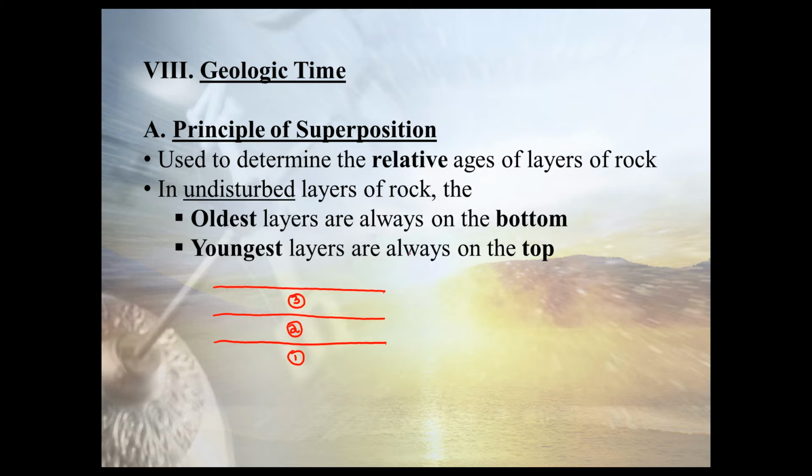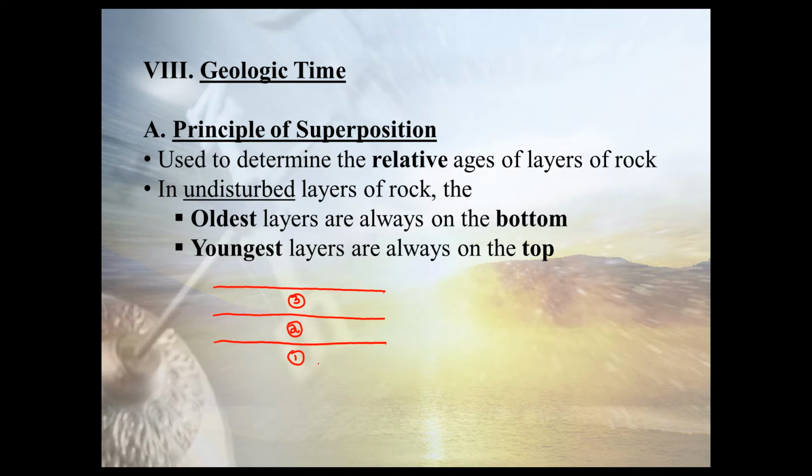What the principle of superposition tells me is it only tells me the relative age of the rocks. When I say relative age, it does not tell me the exact age of the rock. For example, what I know is the bottom layer, well, that's where all the sediments collected first.